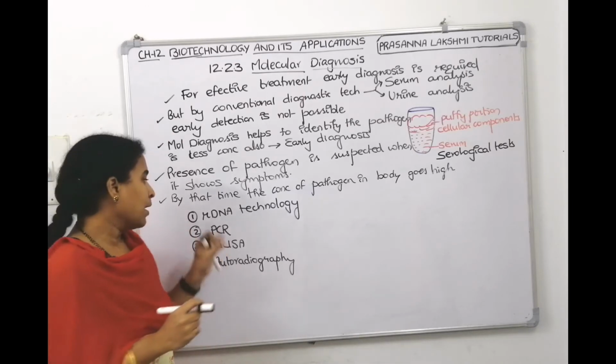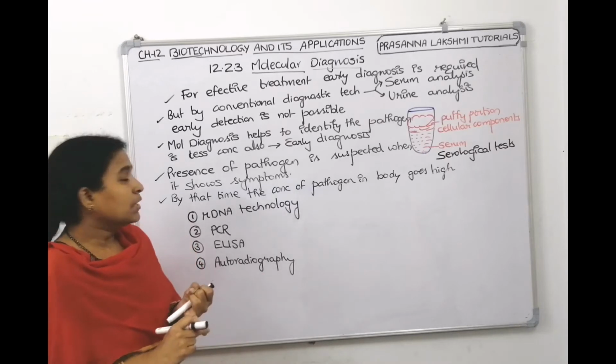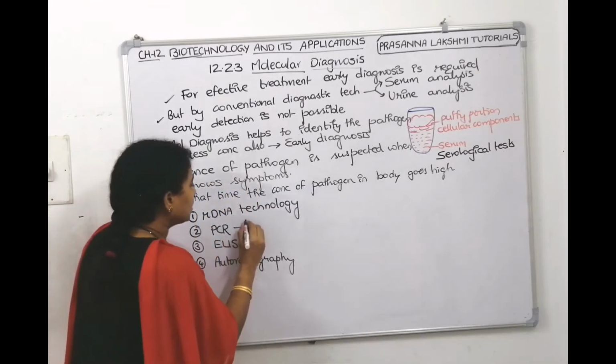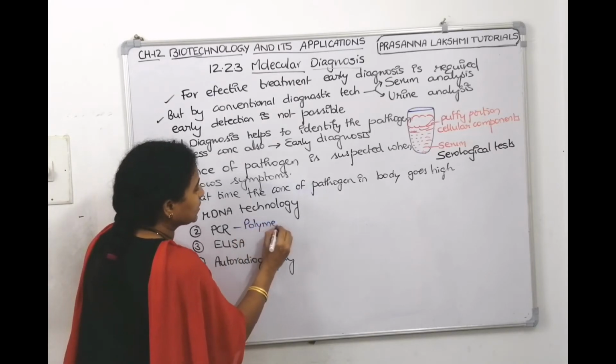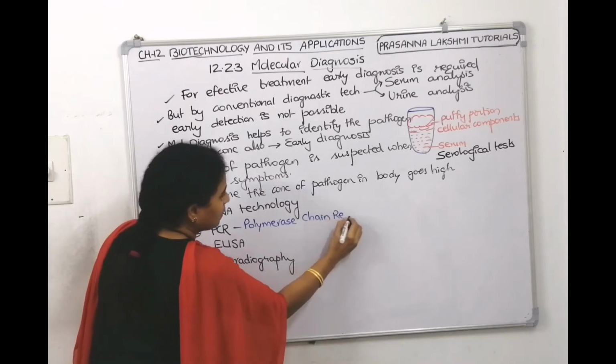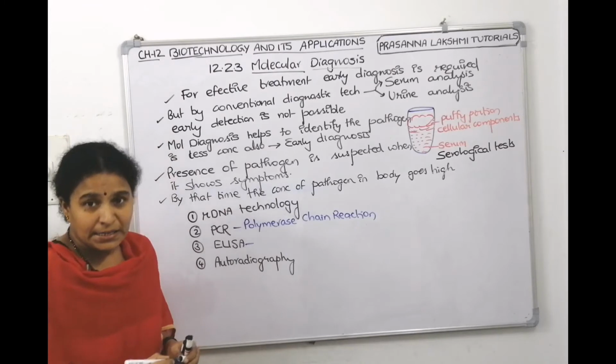What are they? One is rDNA technology, recombinant DNA technology. The second one is PCR. What does PCR stand for? PCR stands for polymerase chain reaction. We will see now what is PCR. And next one is ELISA.